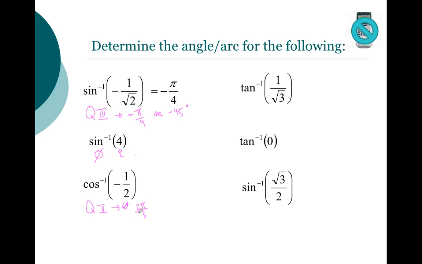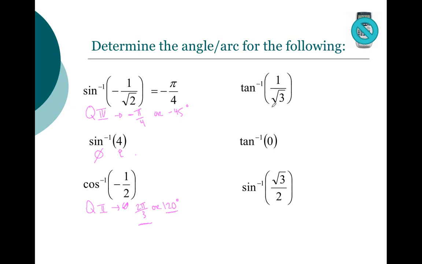Pi over 3 in the second quadrant is 2 pi over 3. Or maybe you're saying 120 degrees. Sorry, got distracted. It just depends if we're working with radians or degrees.